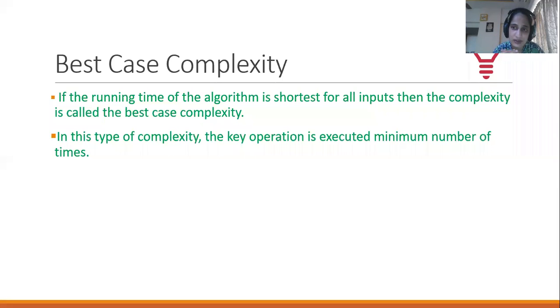Now because of the logic which is written, those 20 swappings might just come down to 50% or even less than that. So in this scenario the key operation will be reduced to maybe 50% or even less than that. So in this case, yes, we can say that the algorithm has the best case complexity.